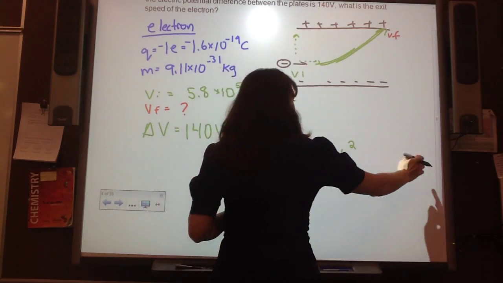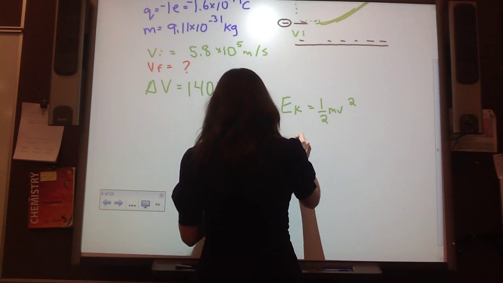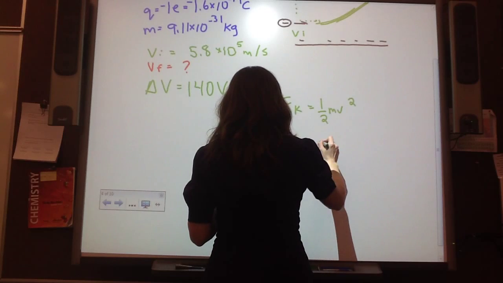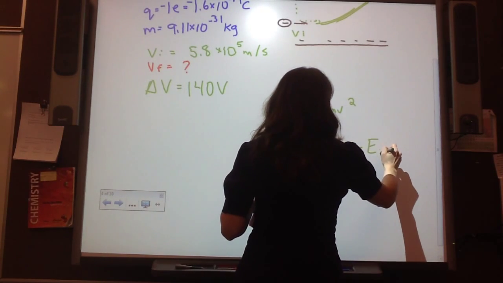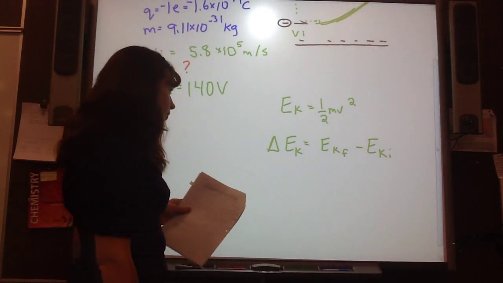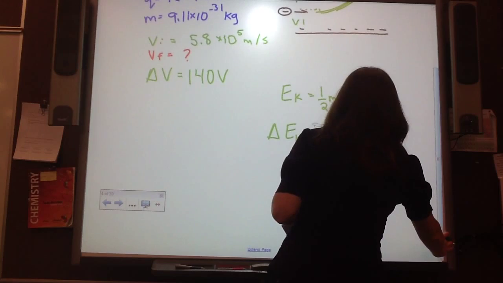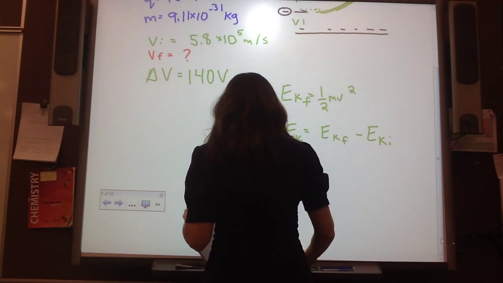We're going to use delta EK equals EK final minus EK initial, and this will be our EK final.